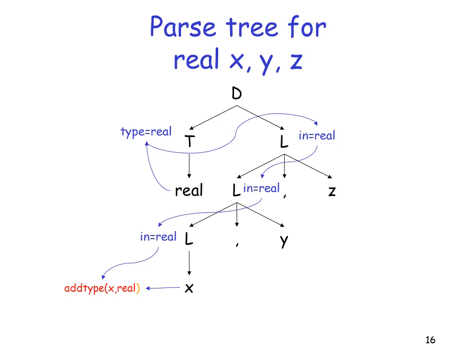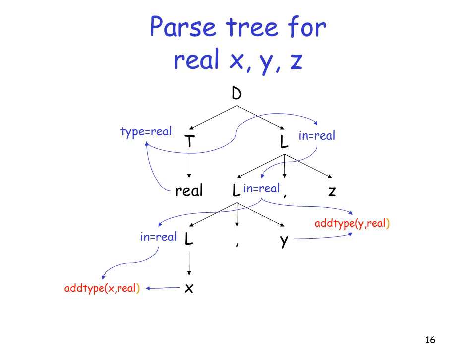So on executing that particular branch, it will also execute a procedure to enter the information regarding x into the symbol table. That is, the information is the real attribute for x.